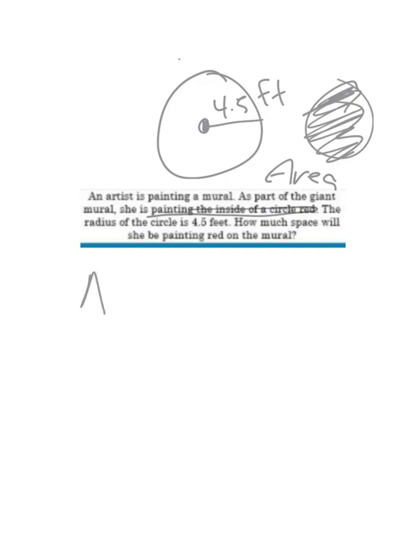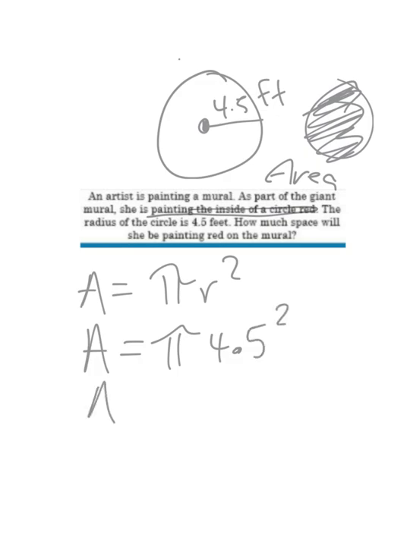All right, so again, we got our area formula, pi r squared. Since we already have our radius, it was given to us in the problem, it's going to be pi times 4.5 squared. First, I'm going to evaluate that.